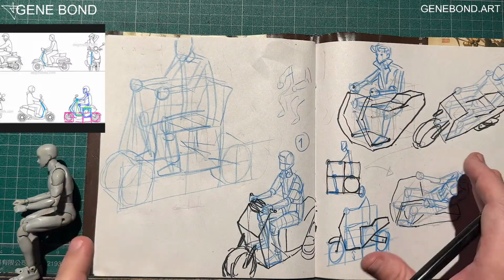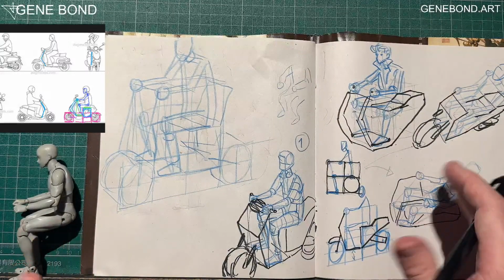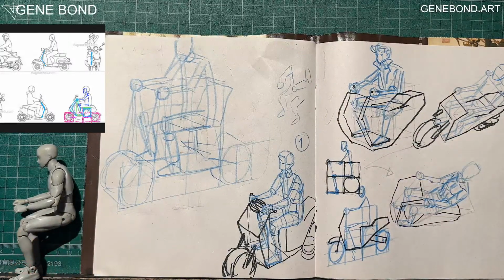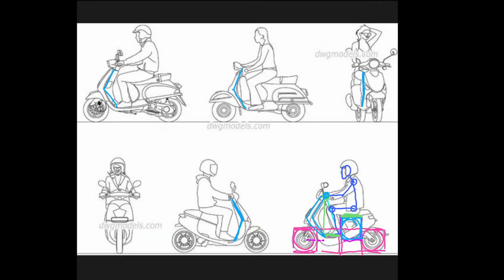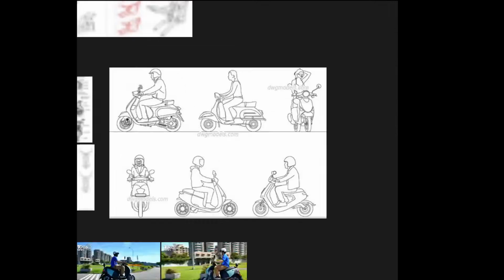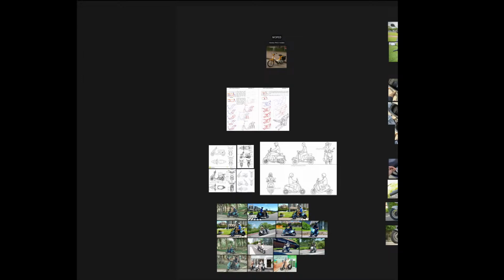And also spending some time practicing it helps you to be fluent, always repeating this stuff, helps you to be fluent with drawing scooters in real life, from reference, from imagination.